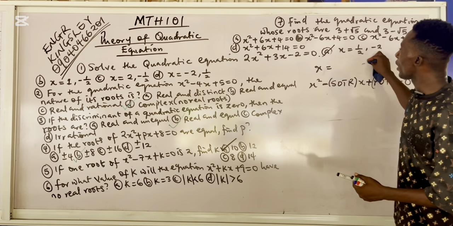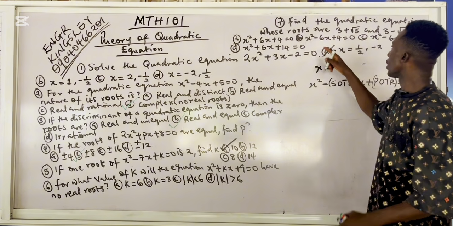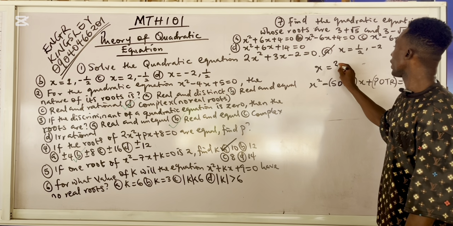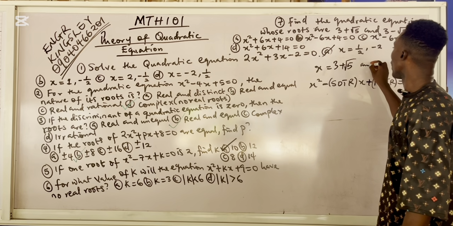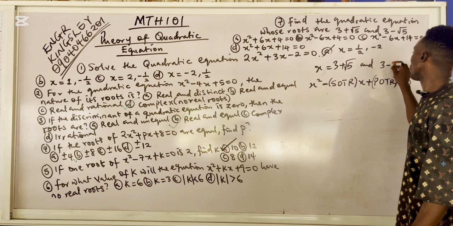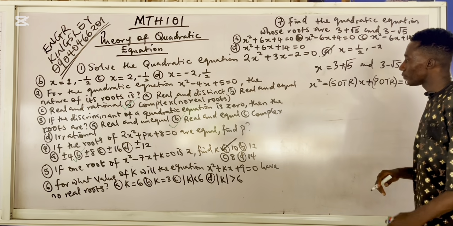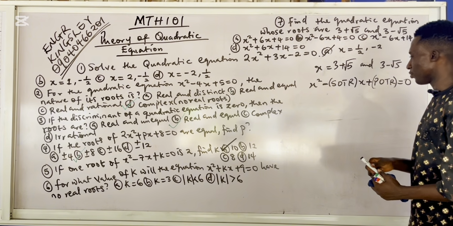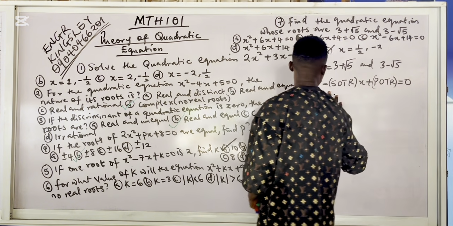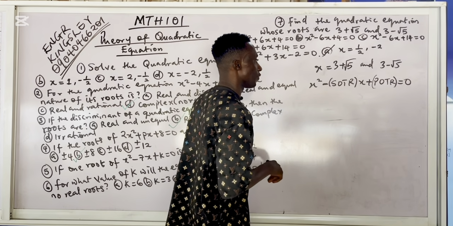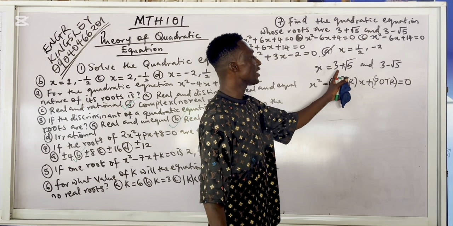Here, they gave us the two roots of the equation to be 3 plus root 5 and 3 minus root 5. What are we going to do? Look up. Look closely. We are going to still follow the same approach we did before. But first, we get the sum separate.